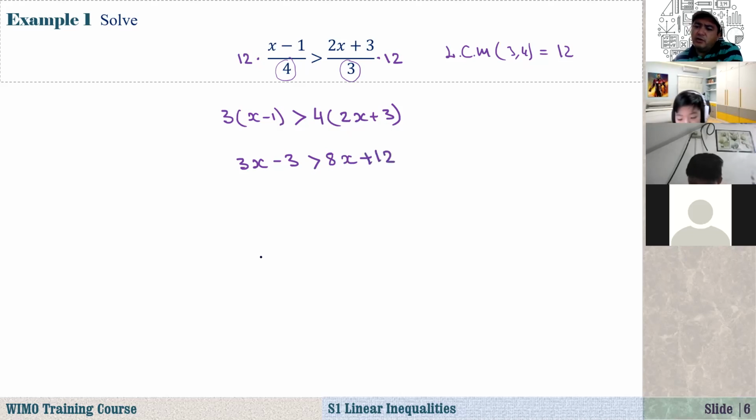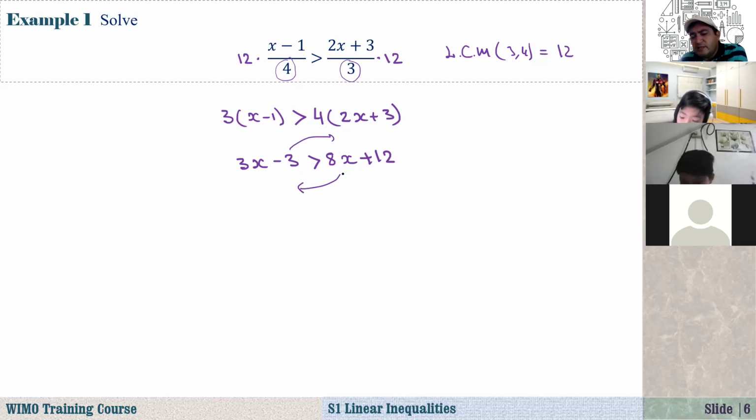Now, we know that in solving equations, after that, we have to take all the unknowns to the left-hand side and constants to the right-hand side. Also in inequalities, the idea is the same. Now, here, we have 8x. I need to take this to the left-hand side. Here we have a constant. I'll take this to the right-hand side. Actually, I'm not taking. I'm just subtracting 8x from each side and adding 3 to each side, right? If you just add 3, for example, on the left, we have negative 3 plus 3. That's equal to 0.